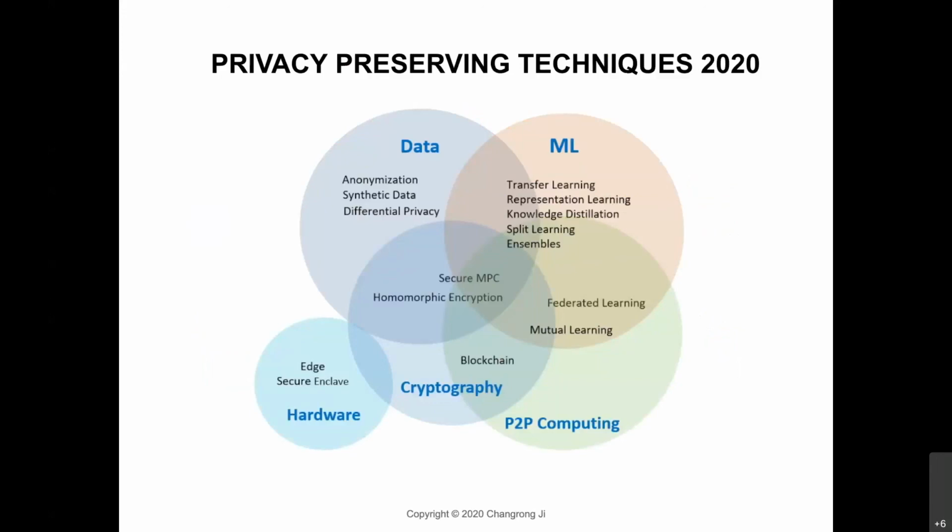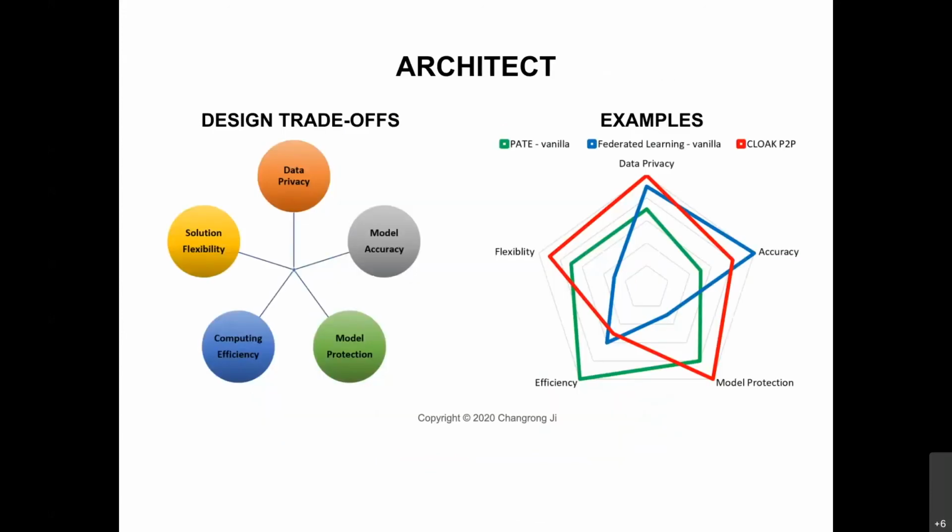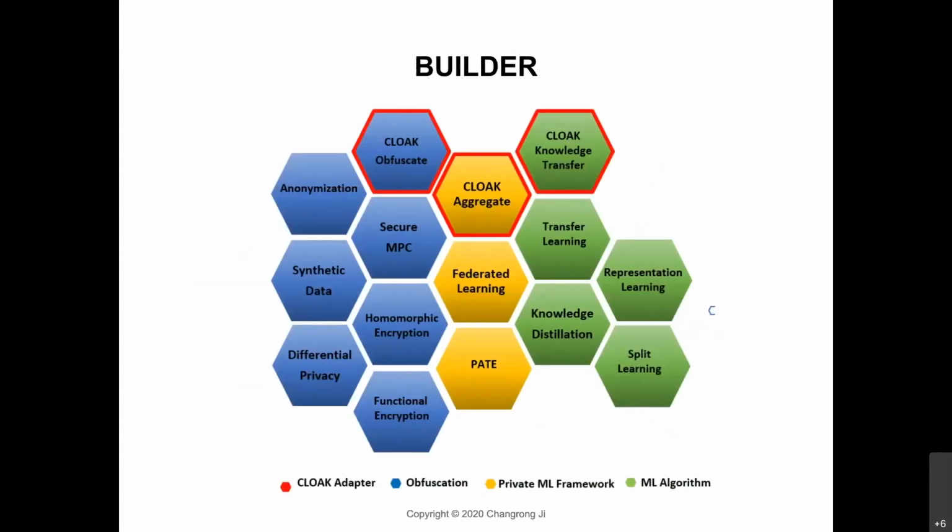So it's a very vibrant but emerging field of study. How do you do privacy preservation on machine learning? How do you train and learn from data that you cannot see? It's a very interesting thing. So anyway, we have all kinds of measures and stuff like that.